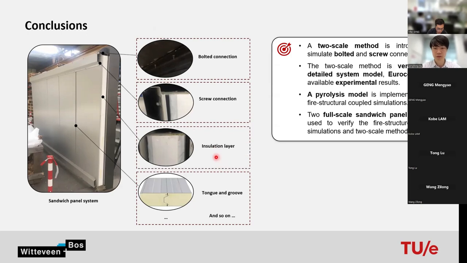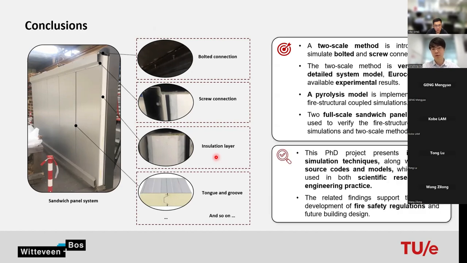For the insulation layer, I developed the pyrolysis model and implemented it in the fire structural coupled simulations. I also used the two full-scale center panel tests to verify the model. But the most important conclusion of this PhD project is that it presents innovative simulation techniques along with open source codes and models, which can be used in both scientific research and engineering practice.